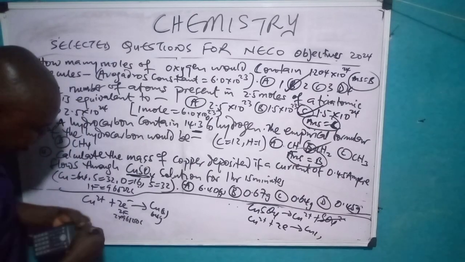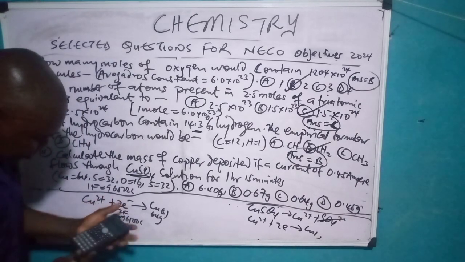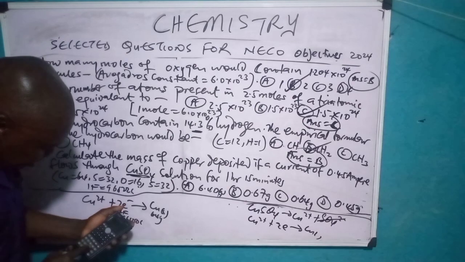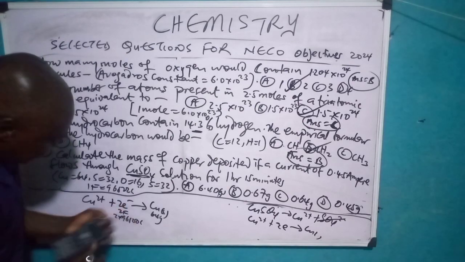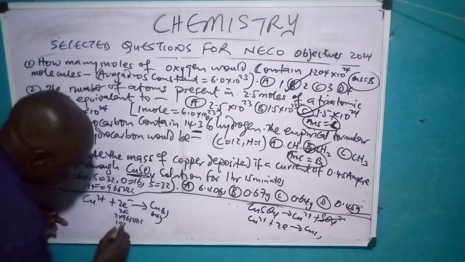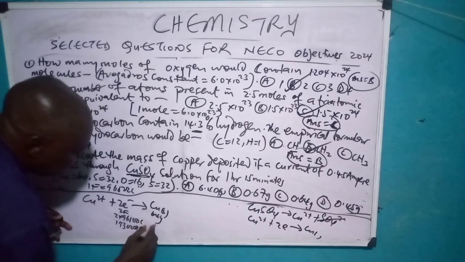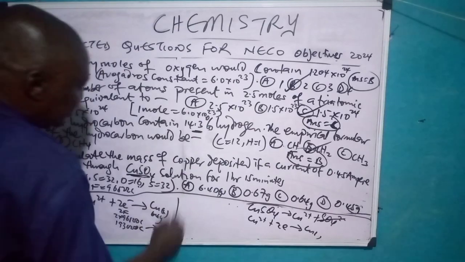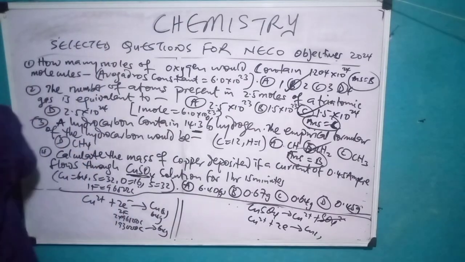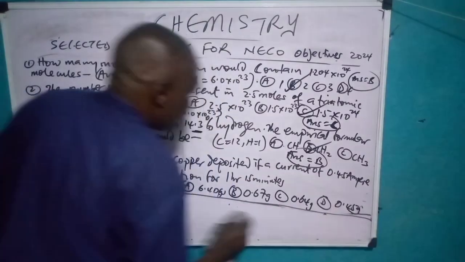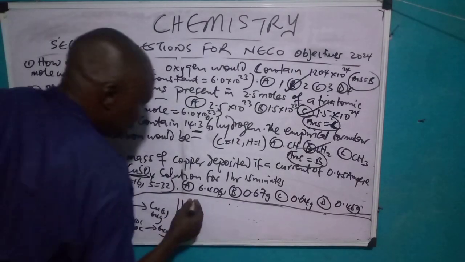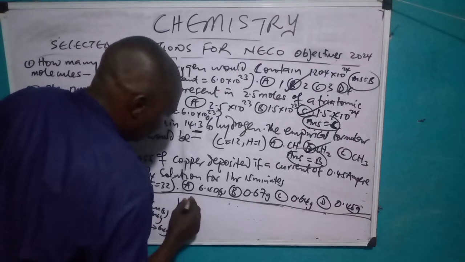Let's multiply it and see. 96500 times 2 gives you 193,000 coulombs, which gives you 64 gram. So since we have already done this, the next thing is to continue our calculation.